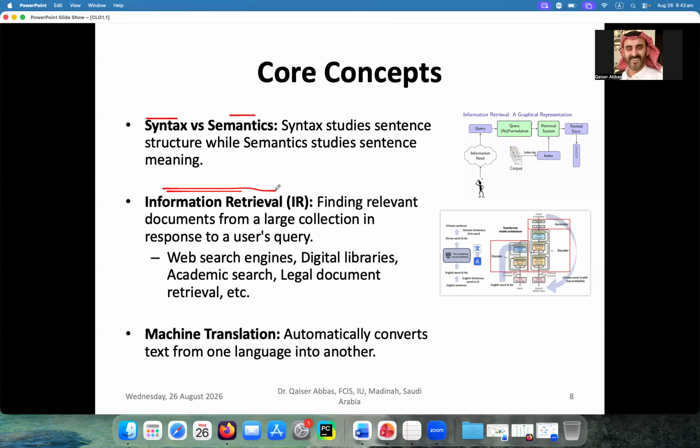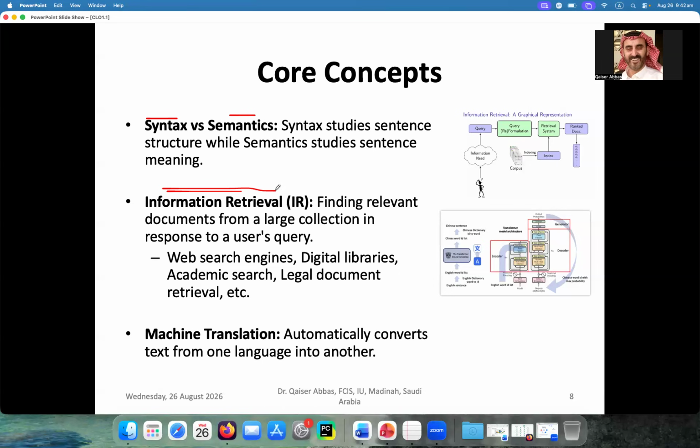This retrieval can be in other domains, for example, the legal domain. Lawyers, judges, all these people have their system in which they have the legal documents: cases, constitution, other laws, laws of different departments.